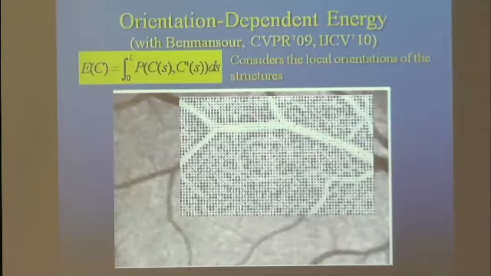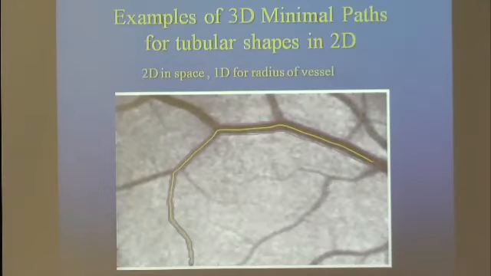So all the geometry information is extracted here and then used to find the geodesic in the sense of this anisotropic metric. And so you find here, given a starting point and end point, this center line plus the boundary.